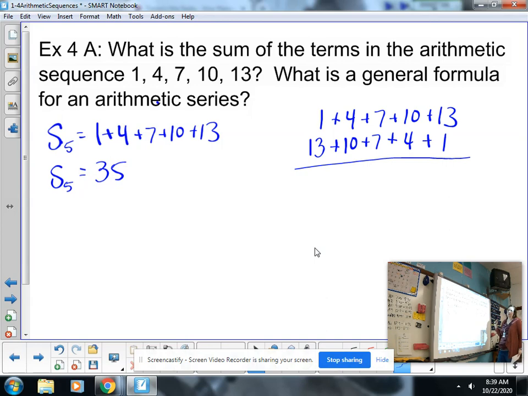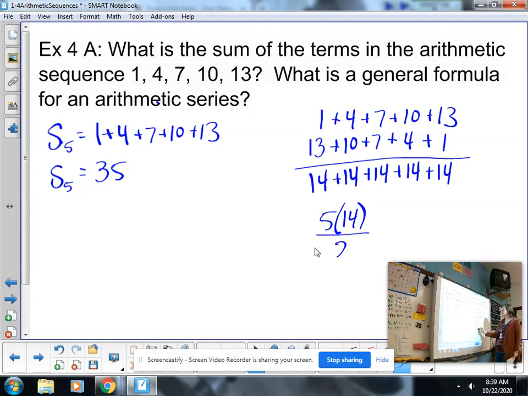What do all those terms add up to? Well, 14, 14, 14, 14, and 14. So how many 14s are there? There's 5 14s, but we added the sequences together, which means there was double the amount we had originally. So we would divide that by 2.